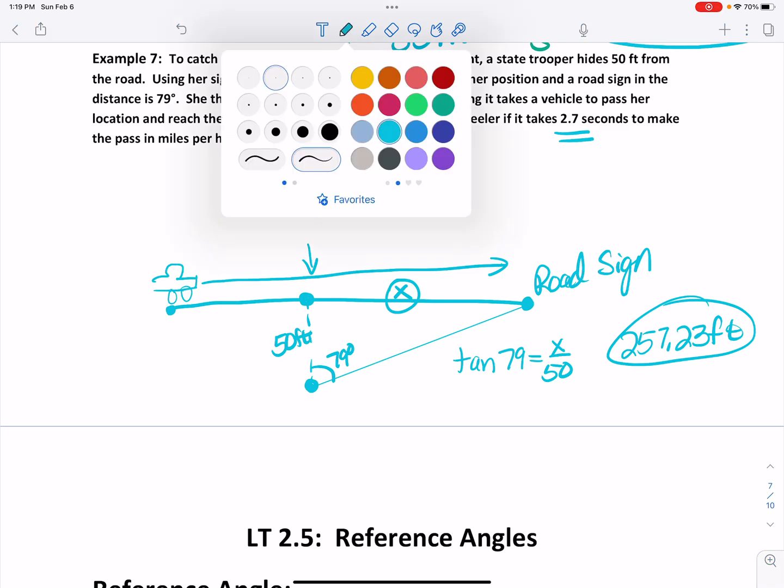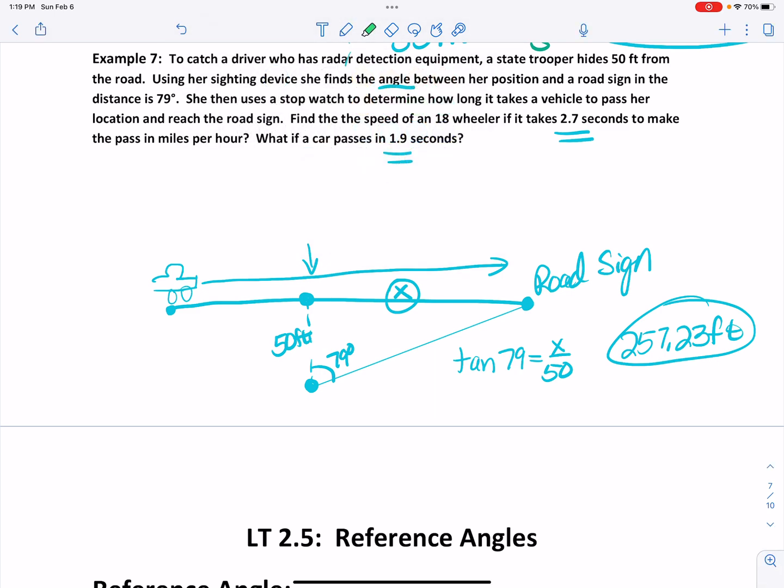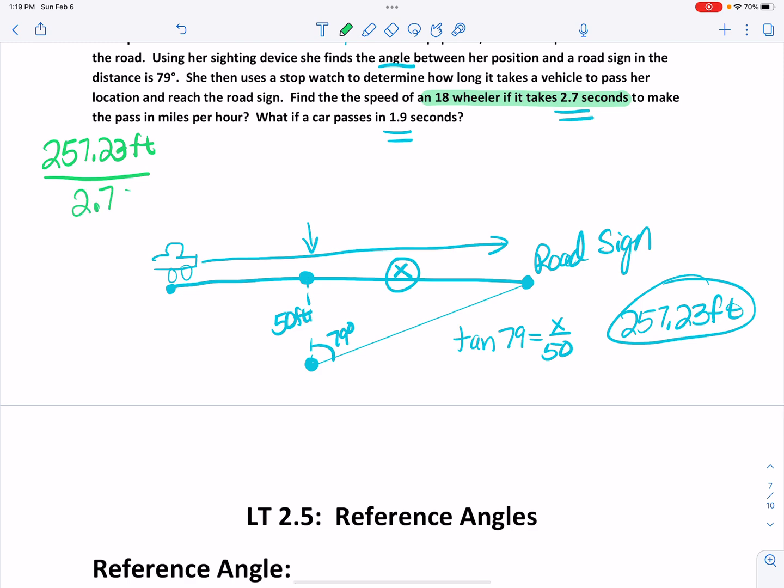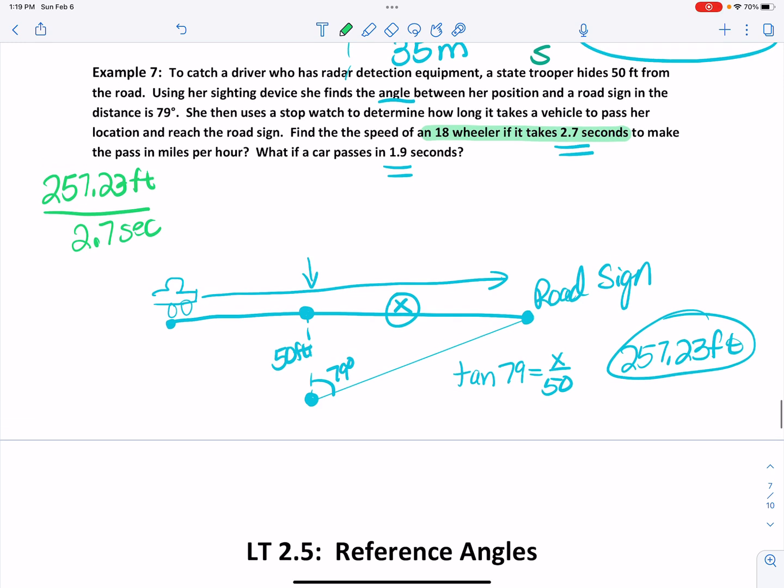So we're going to do the 18-wheeler first, which takes 2.7 seconds. The speed is 257.23 feet divided by 2.7 seconds. So 257 divided by 2.7 ends up being 95.27 feet per second. Okay, but that's not in miles per hour.